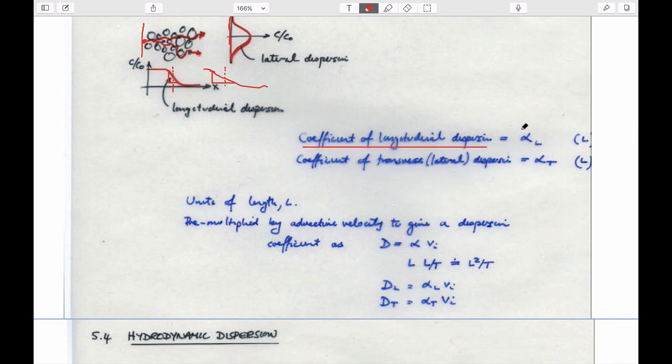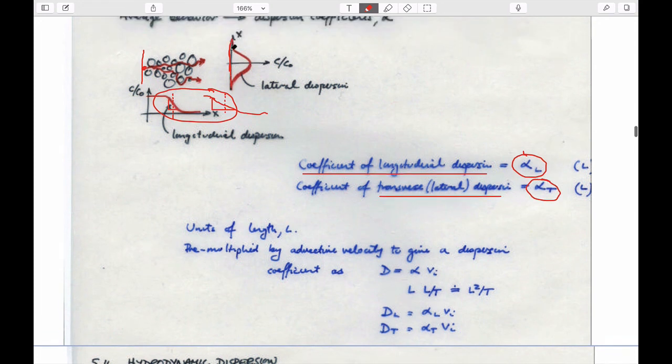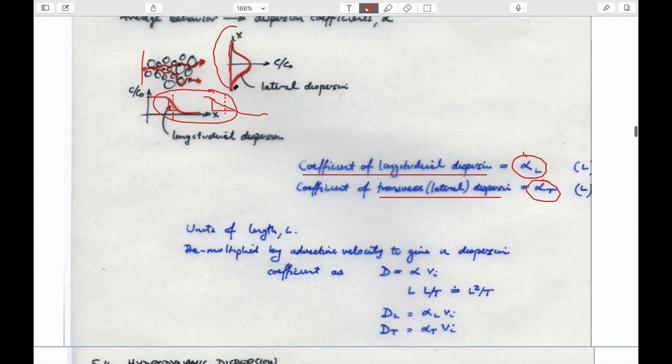And this is given a magnitude in the longitudinal direction, alpha L, which governs this behavior here, and also in the transverse direction, alpha T. It has units of length, and it's the coefficient that controls this behavior.